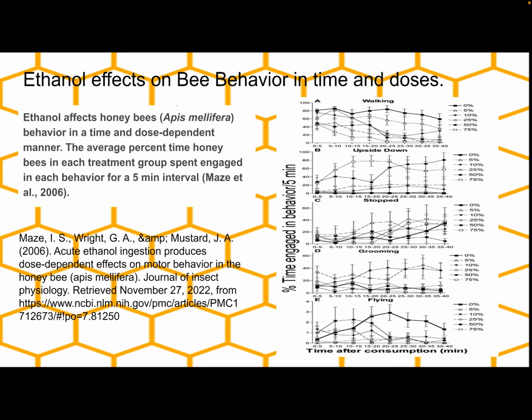According to the graph to our right, we can see that walking behavior after ethanol inebriation generally decreased over the interval and showed a dose-dependent response. But only 50 to 75% of the ethanol treatments were significantly different from the control group.